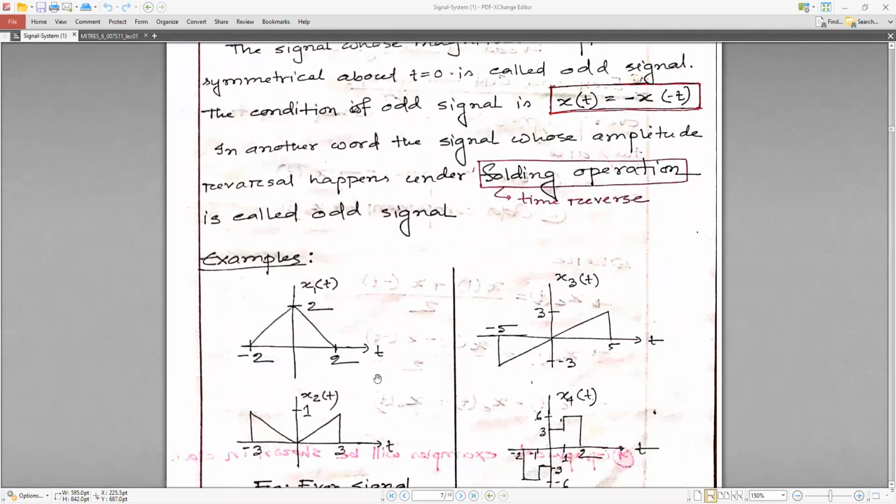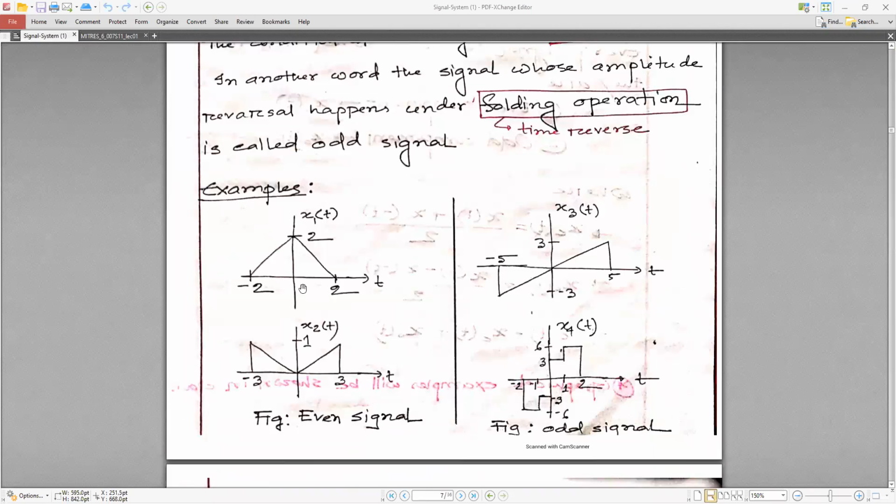Here are some examples of the even signal and odd signal. Look at the examples. Try to understand. See what is the value here?